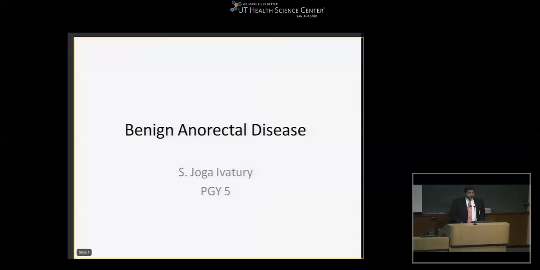Management for anal fissure disease, actually conservative management, is fairly successful with a 50% success rate, where patients are instructed to take psyllium, sitz baths, and use topical analgesics and anti-inflammatories. So that's the first-line treatment for any patient that comes in with anal fissure disease.